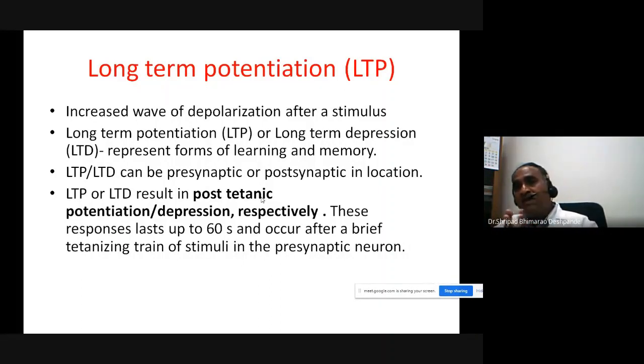In this event, there will be a greater response in the case of LTP, that is, a post-tetanic potentiation. Or in the case of LTD, a long-term depression, there is a suppression of the post-tetanic potentiation. These responses last for a minute, sometimes very long, even greater than 60 seconds or more.